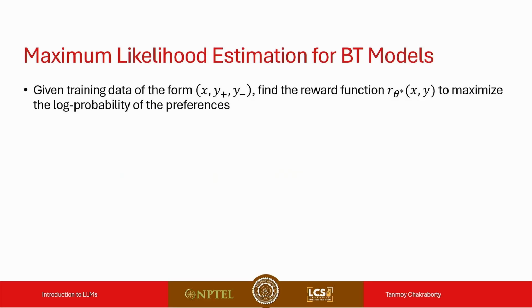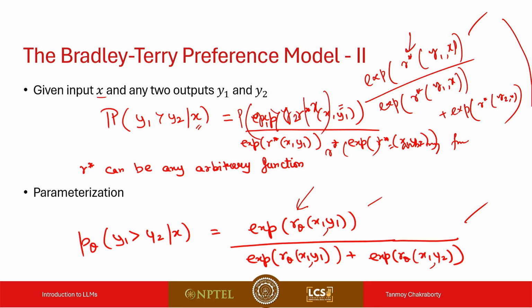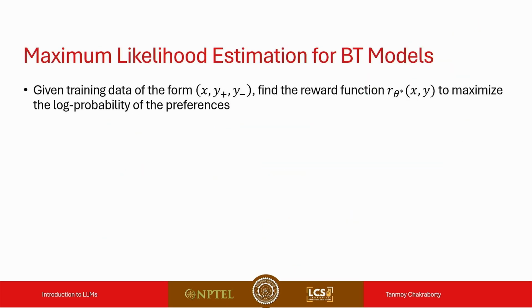So what is our aim? The aim is essentially to maximize this. Given training data of the form x, y plus, y minus, where x is the prompt, y plus is the preferred output, and y minus is the non-preferred output. This is the same as y1, y2, I just write it in a different way. Our task is to find a reward model r theta.